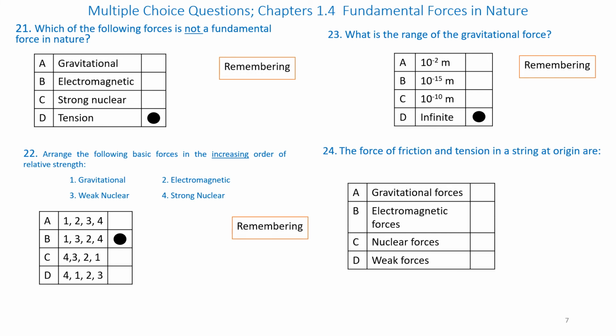Question number 24. The force of friction and tension in a string are of what origin? Choice A, gravitational force; choice B, electromagnetic force; choice C, nuclear force; and D, weak forces.